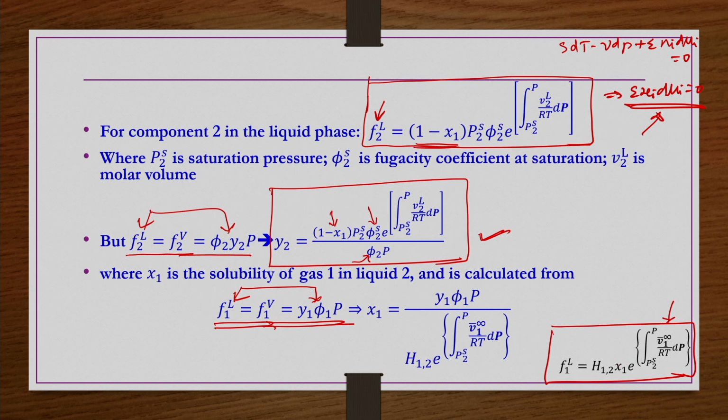So x1 is equal to y1 Phi1 P by H12 exponential of integral from P2S of V1 bar infinity by RT dP, right. Now, to find y2 from this equation, you need to know x1, right.